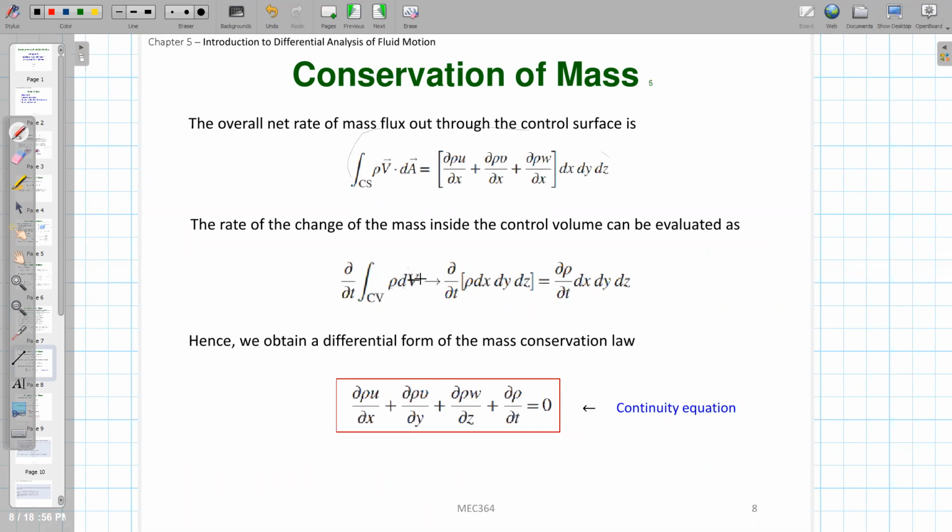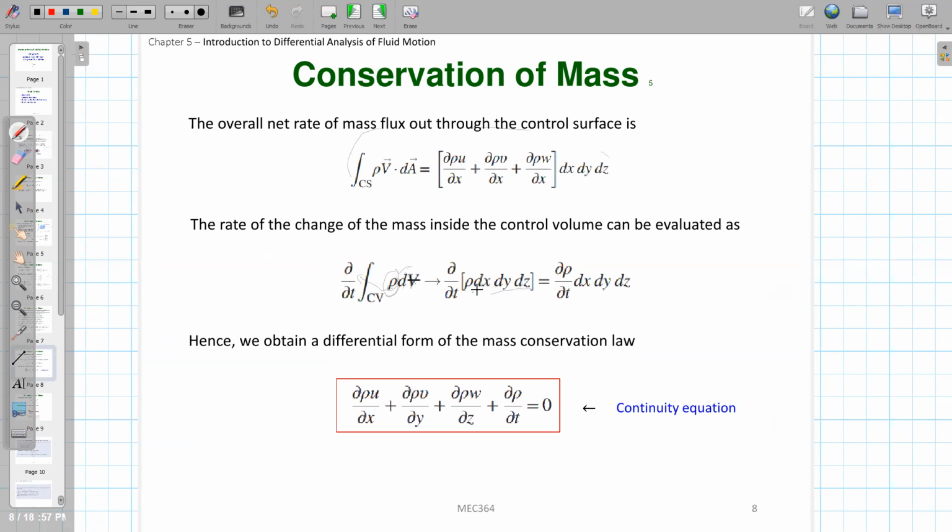Remember that we consider this a differential control volume, which means this dv will go to a very small value eventually. So this rho you can just take out, because when the v goes to 0, this rho will approach the density at that origin point O. So this goes to the limit, and you can just take this rho out of the integration, so this will become partial t of rho times v.